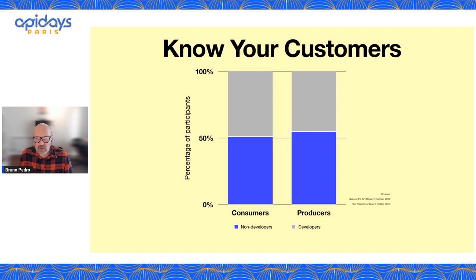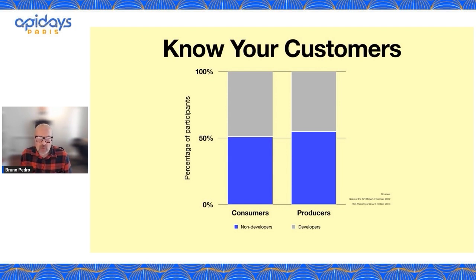And the first one is that if you just think about the potential to sell your API product to developers versus non-developers, we are looking at a total addressable market of non-developers from banking, education, and healthcare sectors. So these are the top sectors that are in the origin of all these non-developers.